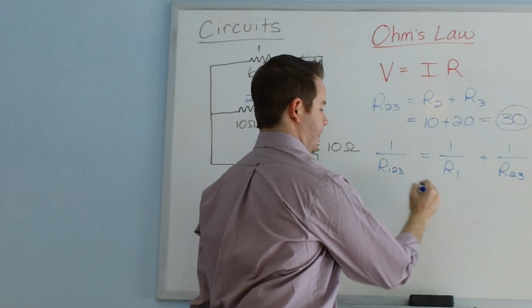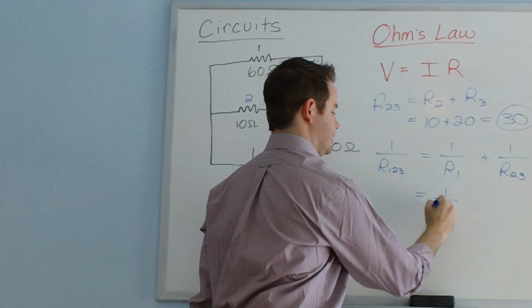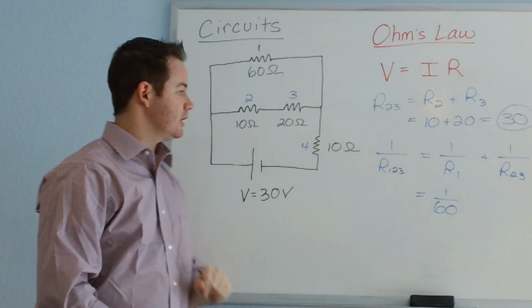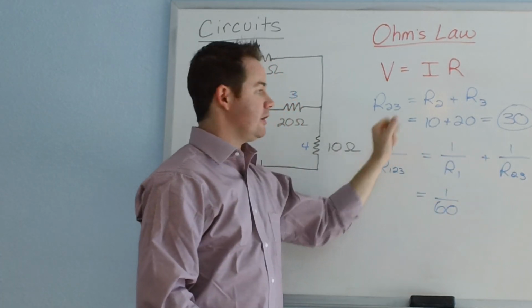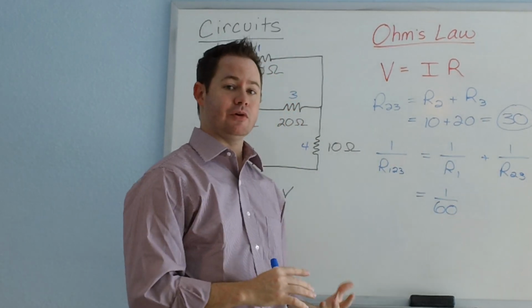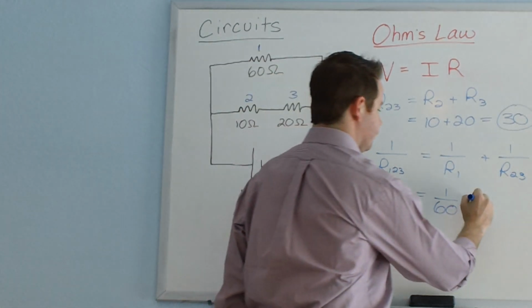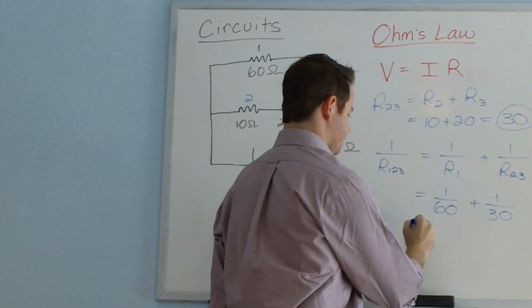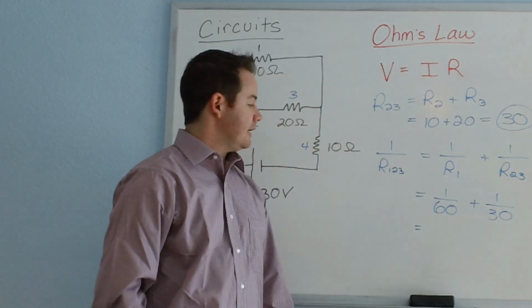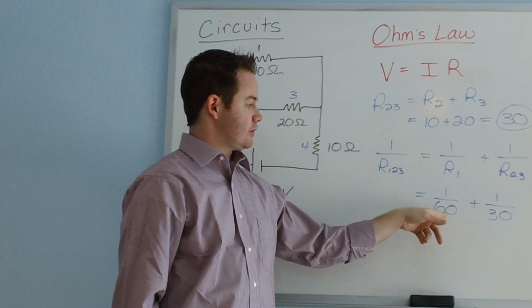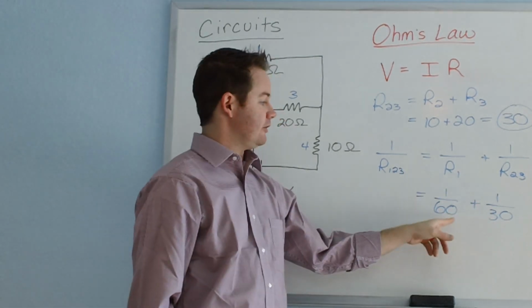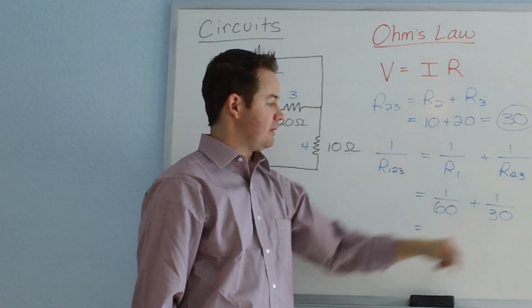So in this case, for the math on that, we have 1 over 60, which is the value for the resistance of this first resistor. And then resistors 2 and 3, we already calculated, has a resistance of 30 together. So we'll have 1 over 30 for that second part. Now, when we simplify these, 1 over 60 and 1 over 30, we have to find a common denominator. Common denominator is 60, so we can multiply both of these by 2.